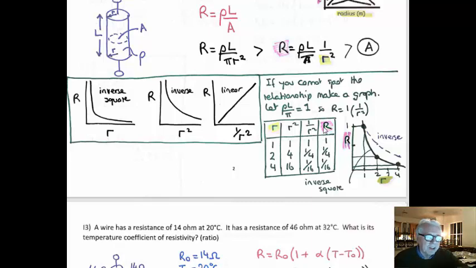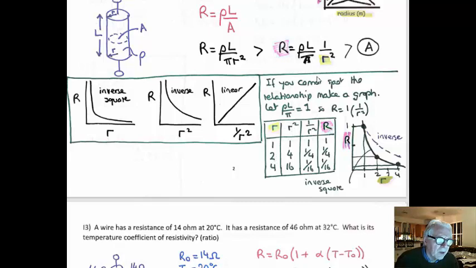So I make my columns, and then I say, well, what would happen if little r, the radius, was equal to 1? Well, if radius was equal to 1, then r squared would equal 1 times 1, which is 1. And 1 over r squared, which equals 1 over 1, which is 1. So my answer R would equal 1. And what if it was 2?